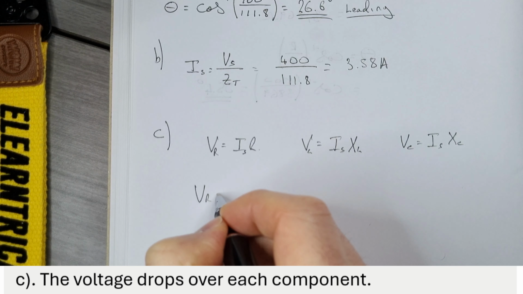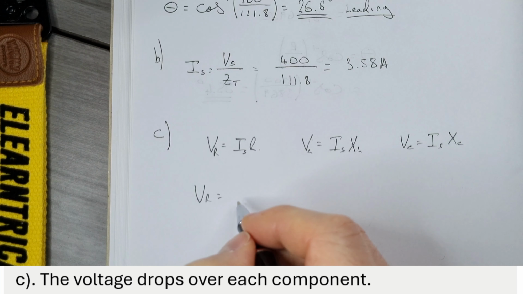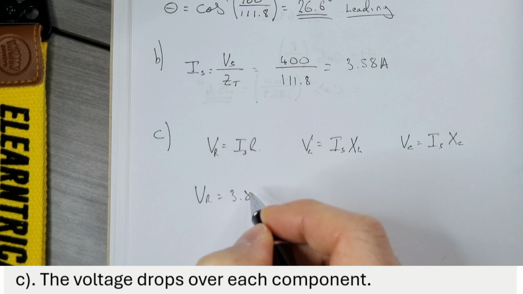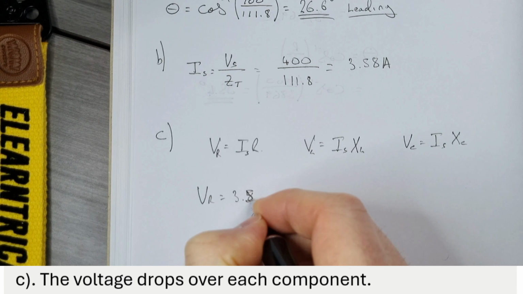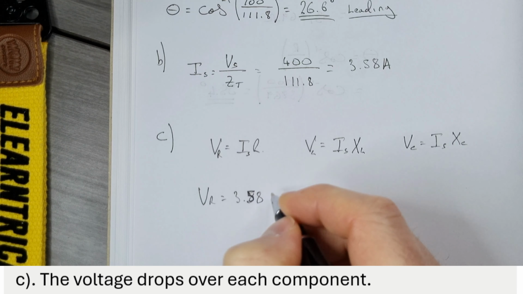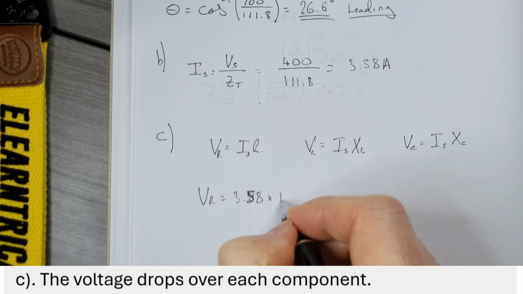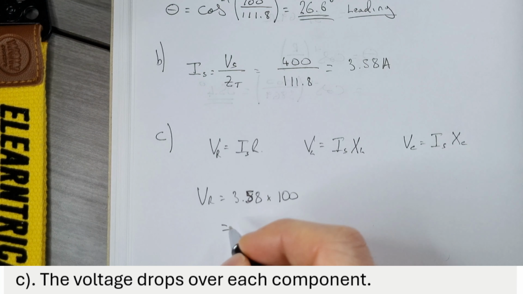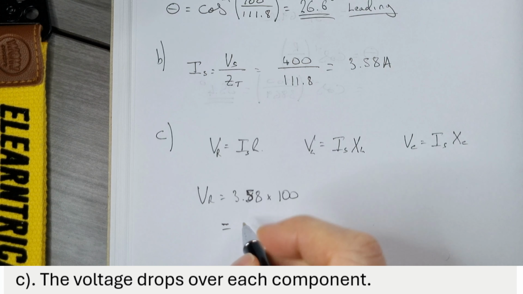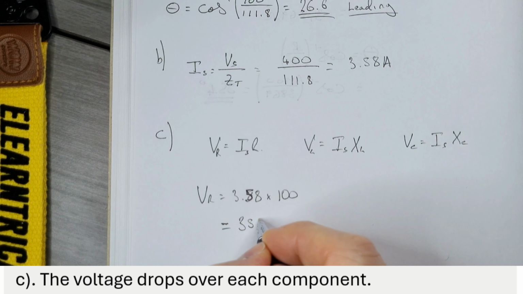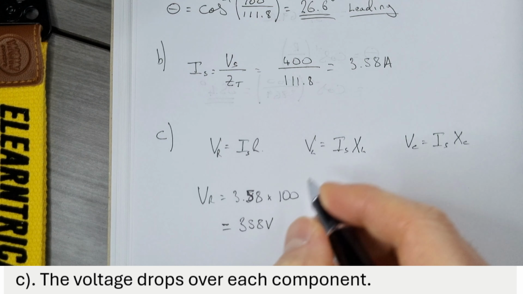Voltage over the resistor equals our supply current of 3.58 multiplied by the resistance of 100, and that gives us a voltage drop over the resistor of 358 volts.